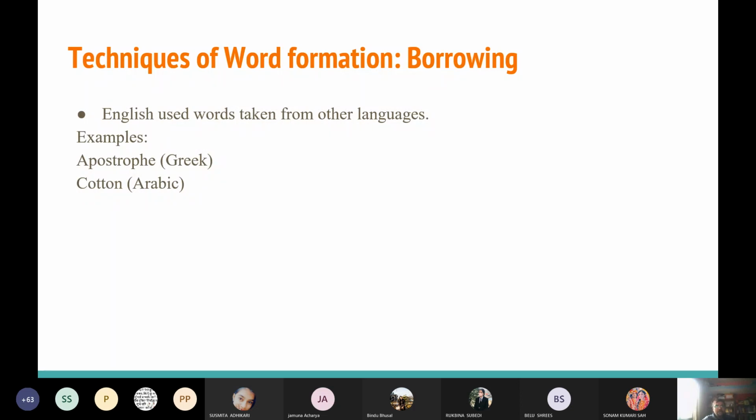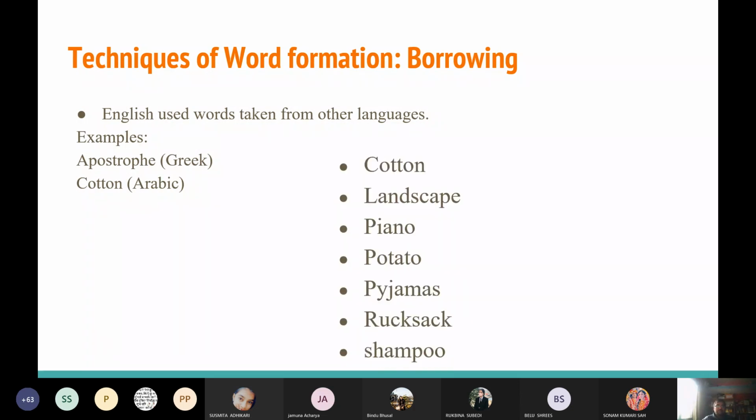The word apostrophe is a Greek word, but the word cotton is an Arabic word. Likewise, we have different words: cotton, landscape, piano, potato, pajamas, rucksack, shampoo.